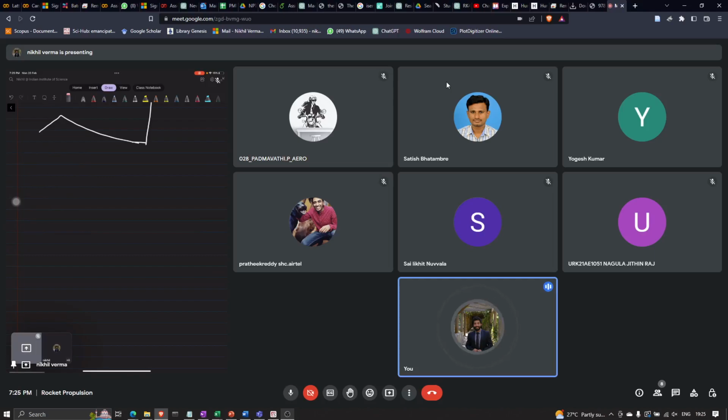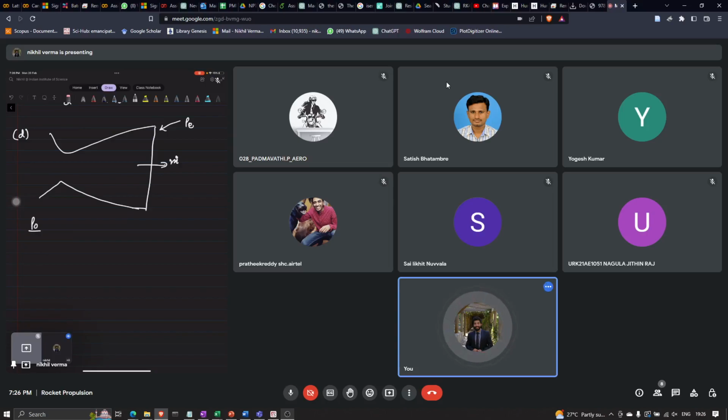So what we can do here is, we know P naught, we know P exit, which is 1 plus gamma minus 1 by 2 m square to the power gamma by gamma minus 1. So P naught is 7 into 10 to the power 6, and this is 101,325, 1 plus 0.4 by 2 m square.